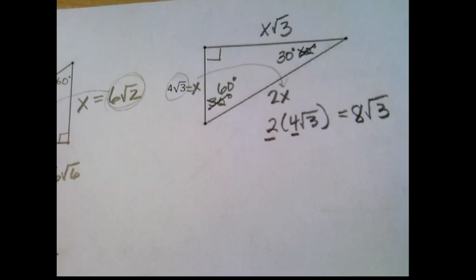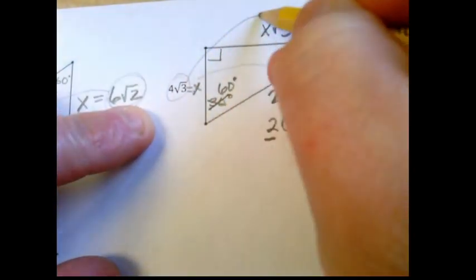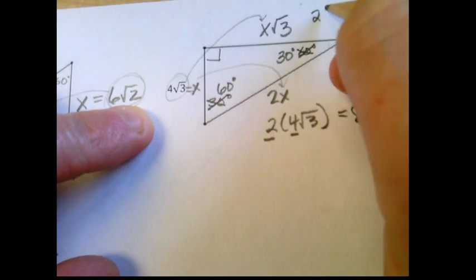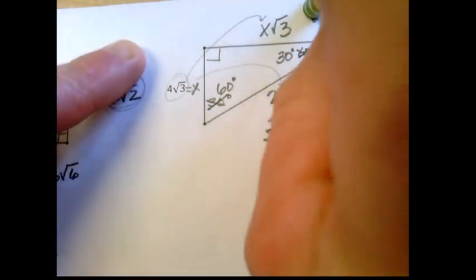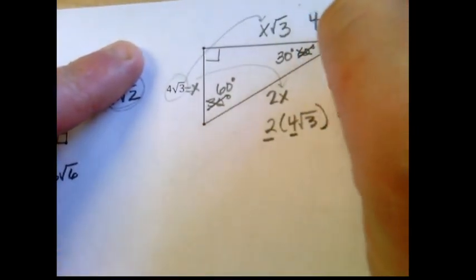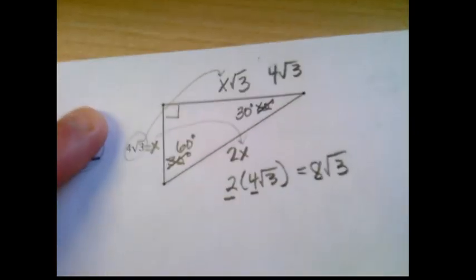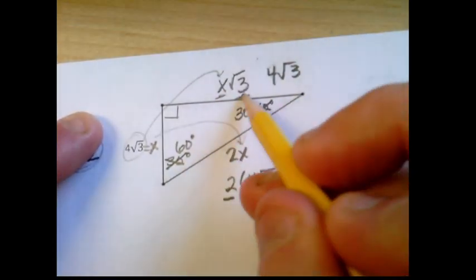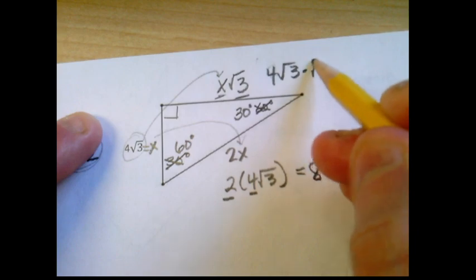Now, if I do the same thing up here, plugging this in here, we have 4 radical 3 times the radical 3 that's already there, because I have 4 radical 3 for the x. Now I have to multiply by the radical 3.